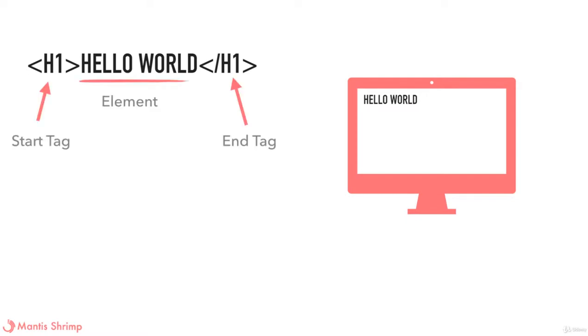So in this example, we have applied an H1 tag, which is our largest heading, so heading 1 tag, and we have the element inside an opening and closing tag. And that is telling the document that this Hello World is a heading 1 element, and it will style that element appropriately.